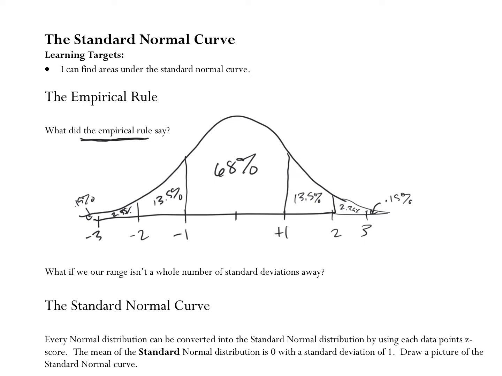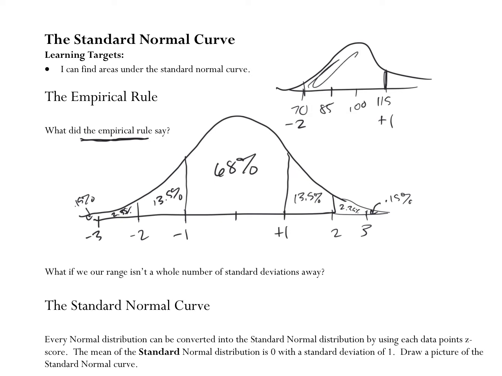And so it was really great. Let's say I gave you a distribution, we'll use IQ, that has a mean of 100 and a standard deviation of 15. And I said, what percent is between 70 and 115? Well, this is minus 2 standard deviations. This is plus 1 standard deviation.